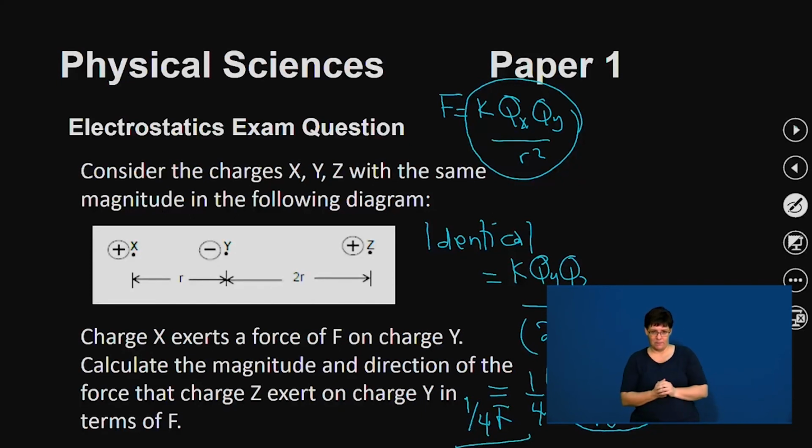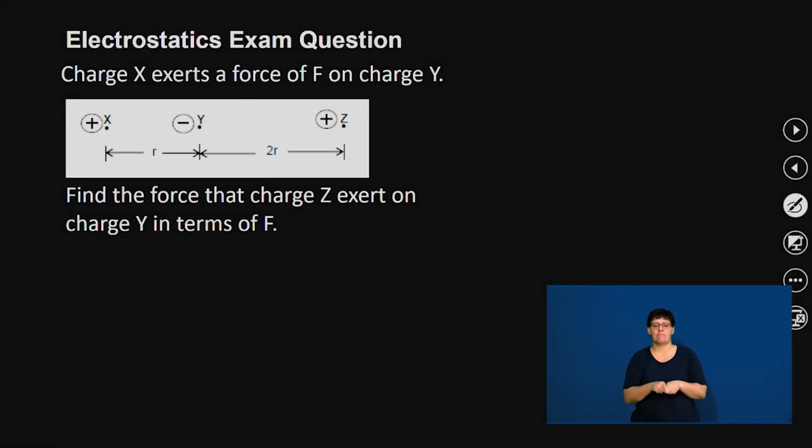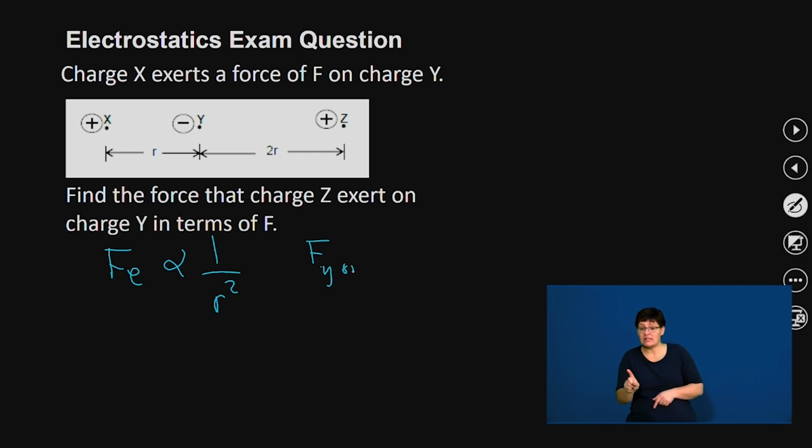And then it goes on further to say, find the force that charge Z exerts on charge Y in terms of F. If we double the distance, because we know that the electrostatic force is inversely proportional to the square of the distance, it means from the calculations we've done on the previous slide that the new force, the force by Z on Y, equals a quarter of the original force, because we've doubled the distance.